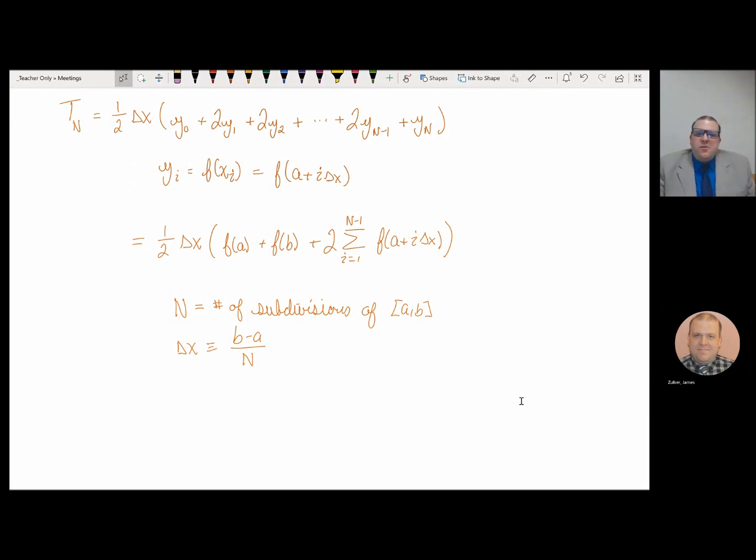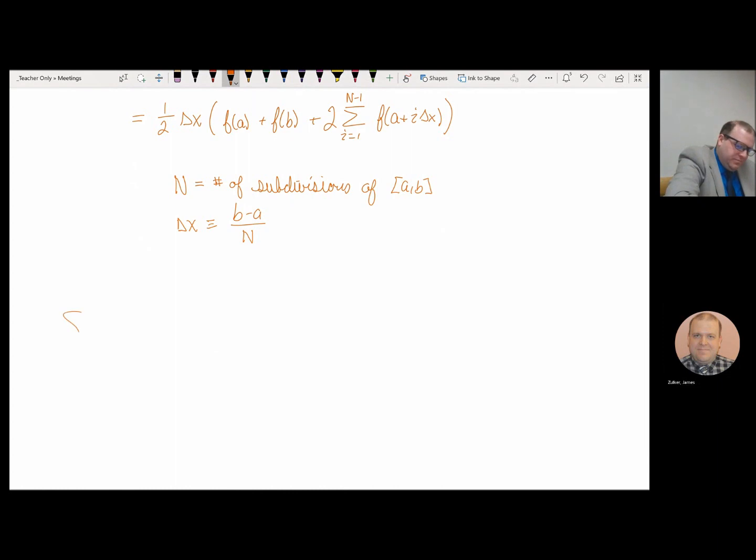And finally, we have Simpson's rule. It's a combination of them.